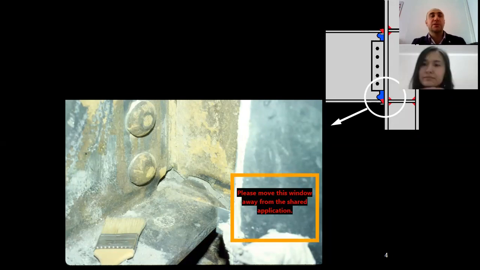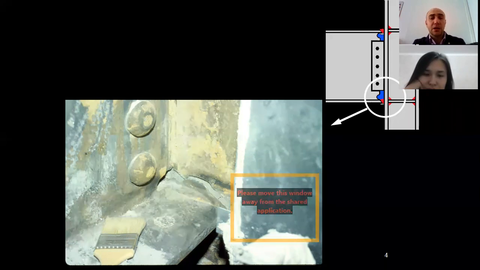So in the previous discipline, Metal Construction 1, we discussed types of connections, how beams can be connected to the columns. So about simple connection, rigid connection, moment connection, and so on. So here is a moment connection.